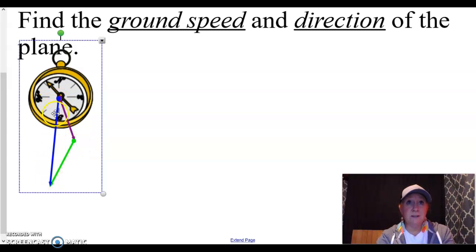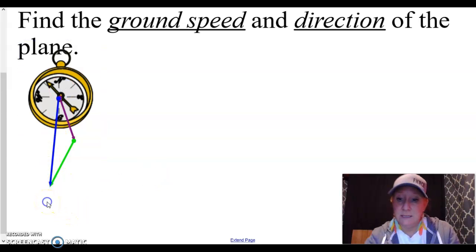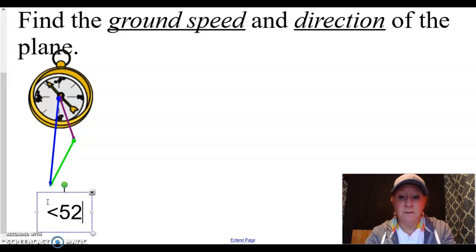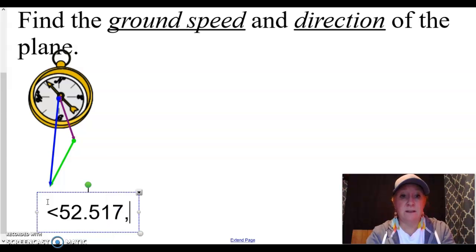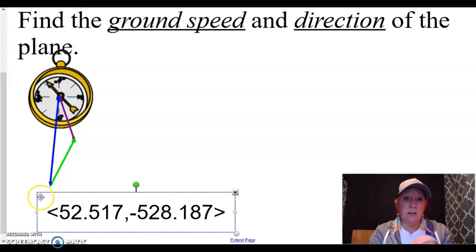But this right here, we know this one, the resulting vector, that ended up being 52.517 and then negative 528.187. All right, so that really means it's going, 52 is actually this way and then way the heck down.